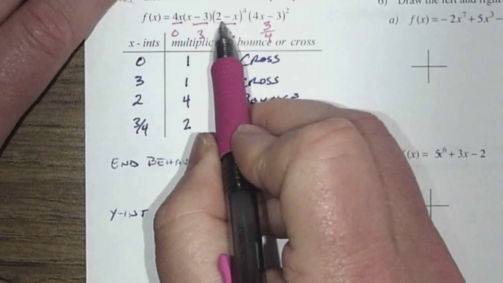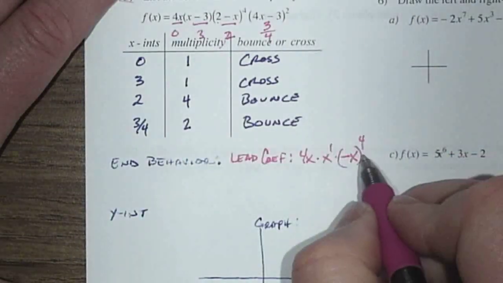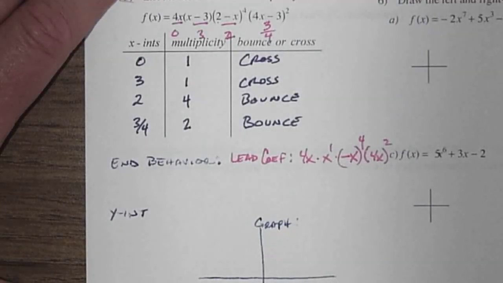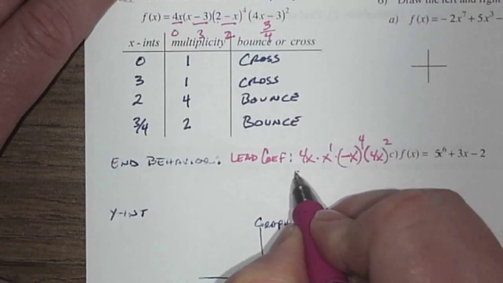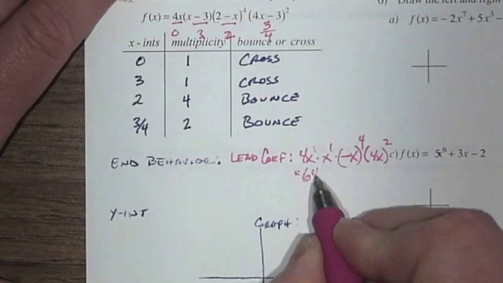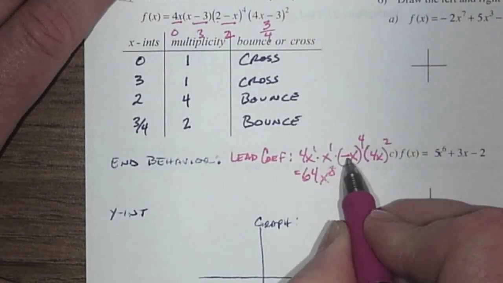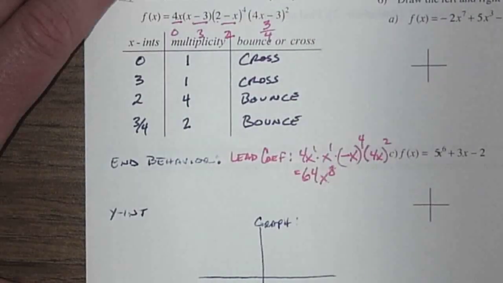Notice I put it in parentheses, from here, times 4x squared from there, and you put all that together. Now, that's going to be 64. That's a 1. 1, 2, 3, 4, 8. x to the 8th. This negative is going to get canceled out by that 4.